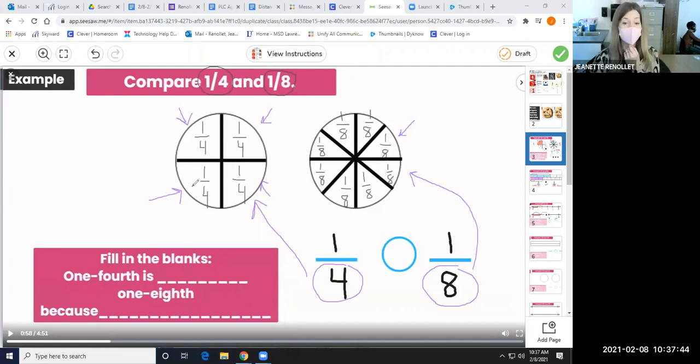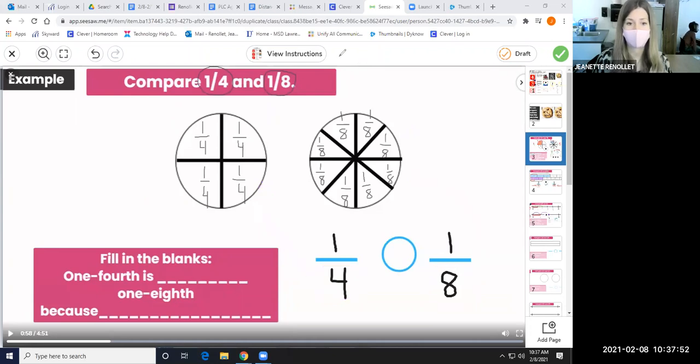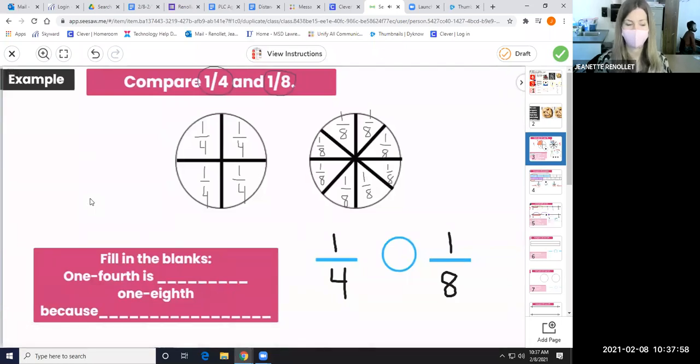Today, I'm going to be checking that you're labeling each part with the unit fraction because this helps us when we compare. After I label each part with the unit fraction, I can now shade my models to represent the given fraction. On the left, I'm representing 1/4.